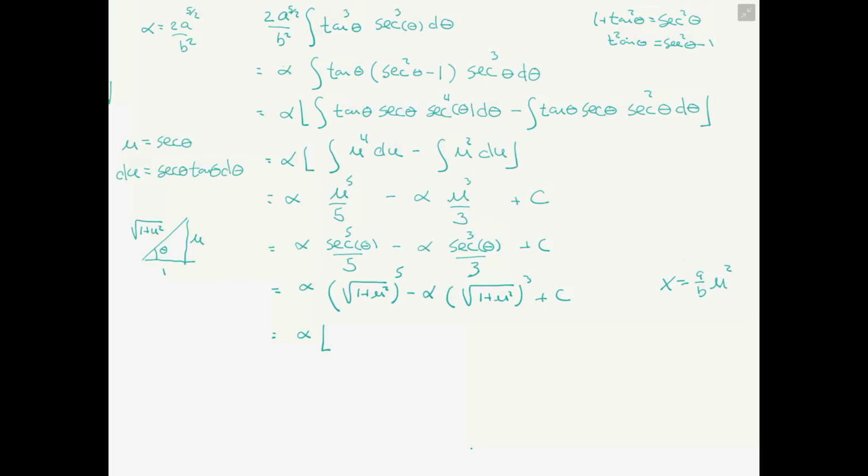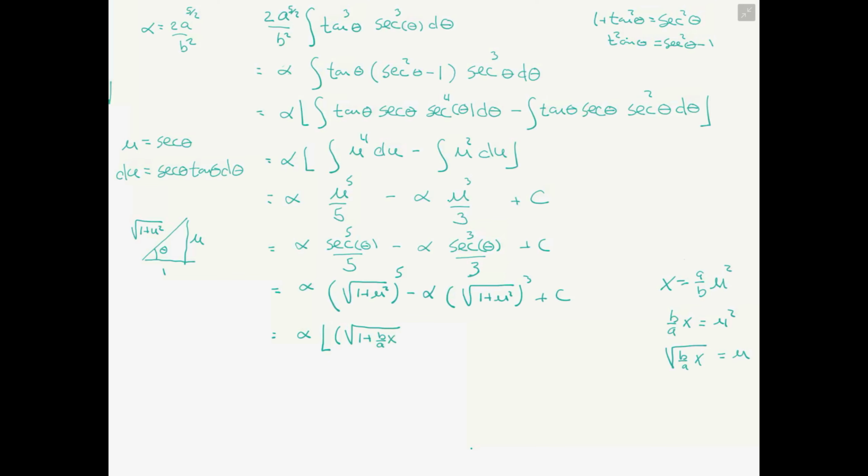We are alpha. Okay, now we have secant, where the u's there. So we have 1 plus, now u is, we got b on ax equals u squared, and square root of b on ax equals u.